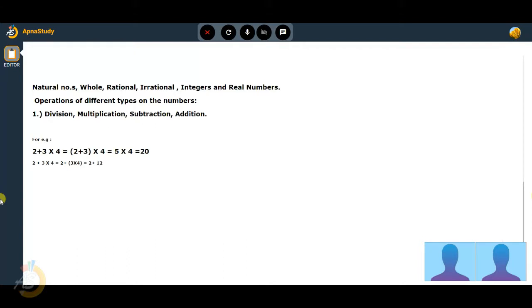This comes out to be 14. Now you can see there are two answers to the same problem, but the second one, the one I have selected, is the right one. 14 is correct. Now you may ask why I have done multiplication first.